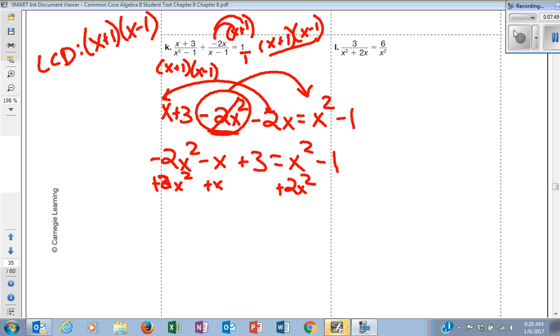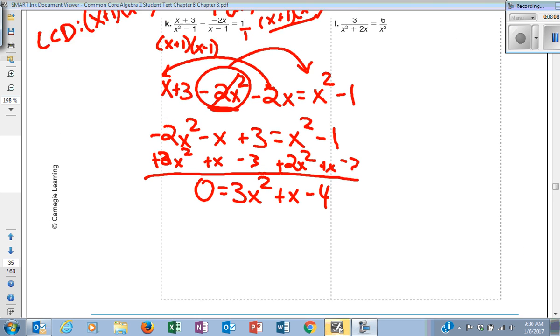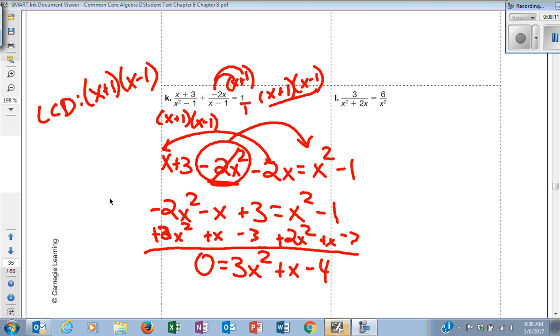I'm going to add x, which doesn't combine with anything, so it's just going to be plus x, and I'm going to minus 3. And so I end up with 0 equals 3x squared plus x minus 4. And then the rest of this problem is algebra 1. Before I do that, I should have talked about restrictions. I know that x cannot equal plus or minus 1.